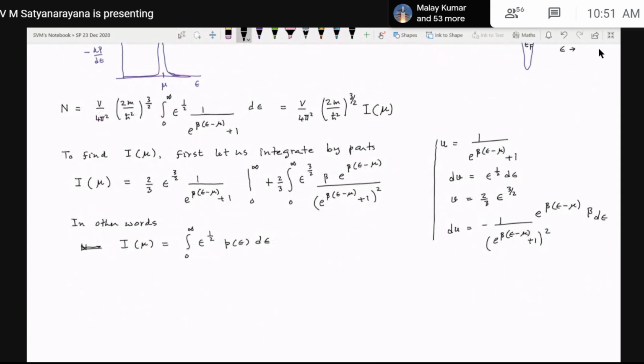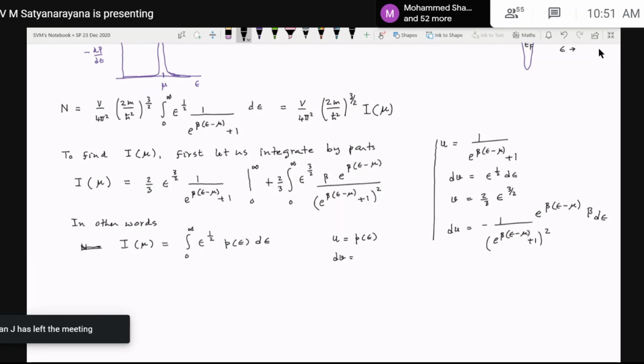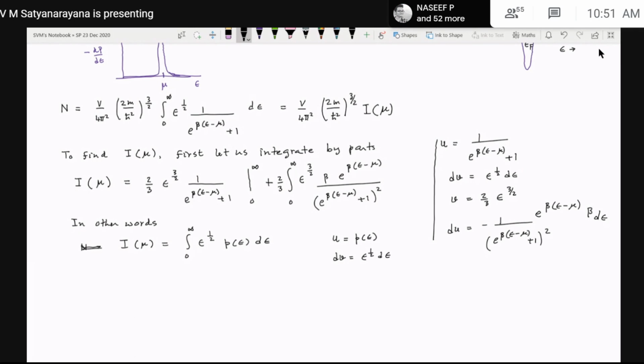And then if you do integration by parts, there I take my u to be P of epsilon and dV to be epsilon to the half d epsilon. So now du is dP by d epsilon, and your V is 2 by 3 epsilon to the 3 by 2.